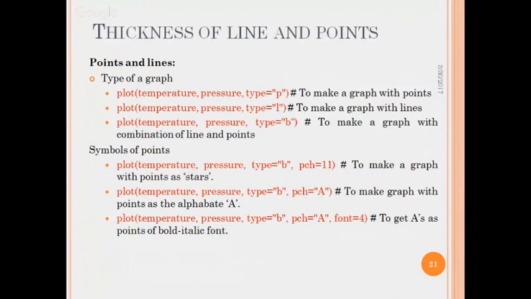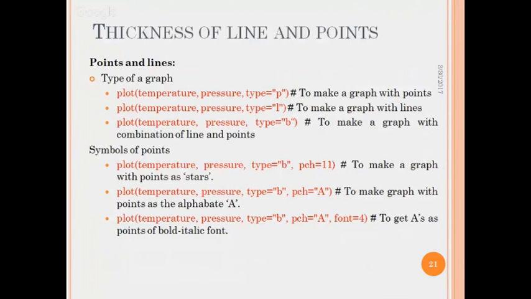And just for revision's sake, till now we have done various kinds of attribute testing. So you can just go through quickly. The first example, simply temperature, comma, pressure, type equals to p for making the graph with points. If I'm using type equals to l, it makes the graph with lines.